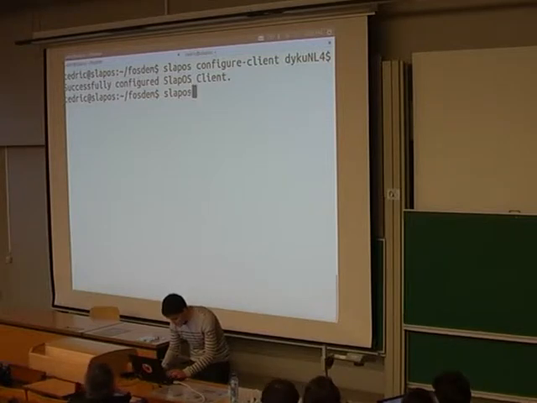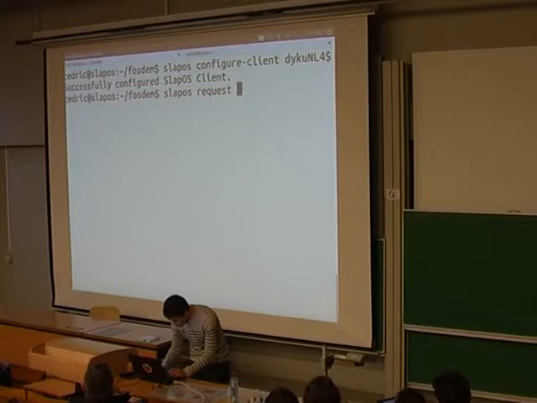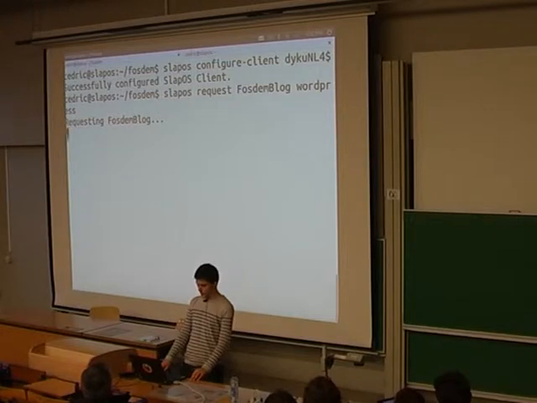So slapos request, I will request an instance of a blog, for example, a WordPress blog. Maybe a FOSDEM blog, and this is a WordPress instance. It is requesting.